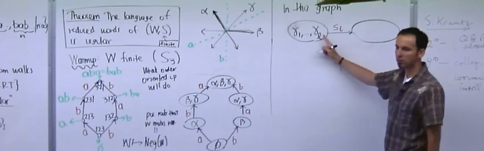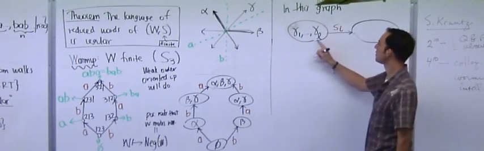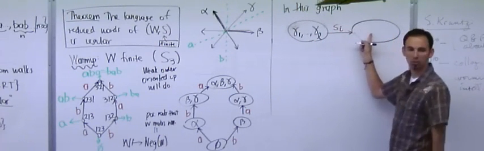But I don't want to have to translate back to the Coxeter group. I really want to just look at this, and immediately know what to put right here.